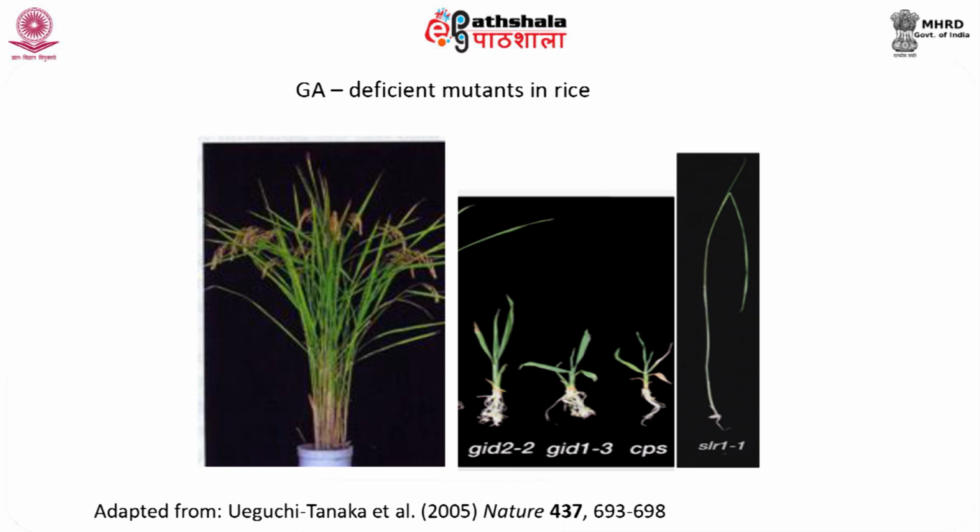The mutant could be restored to wild type by exogenous application of gibberellin. However, some of the dwarf mutants could not be restored to wild type plants by exogenous application of gibberellins and arose due to defects in the gibberellin signaling pathway.